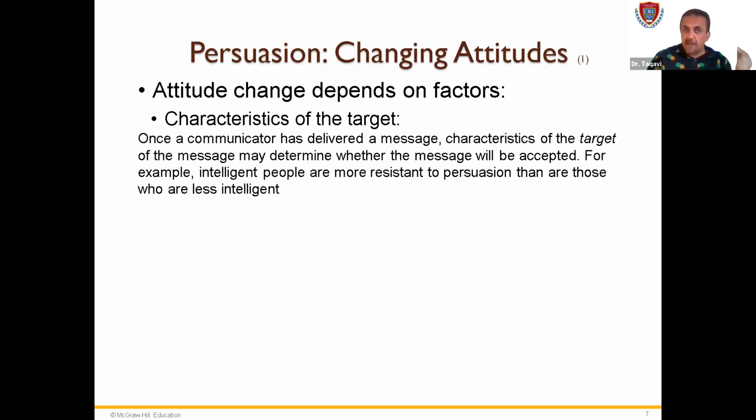So it is very important that intelligent people are more resistant to persuasion than are those who are less intelligent, and vice versa. If somebody is more resistant to persuasion, one of the guesses you can have is that he or she is a little more intelligent.